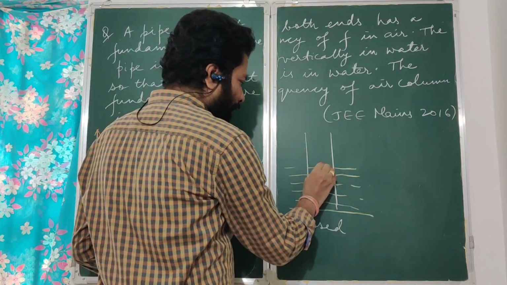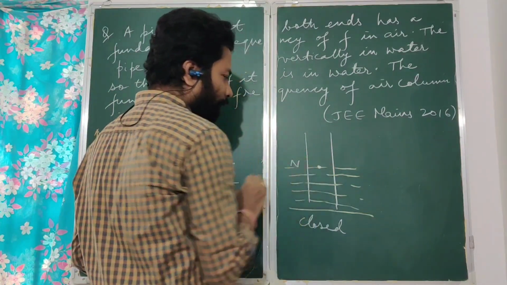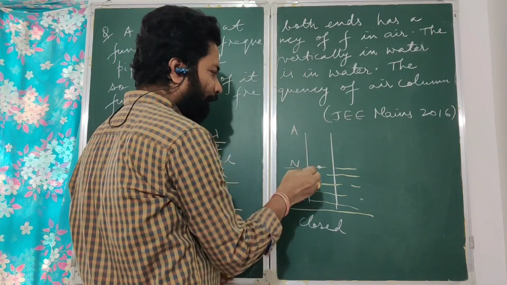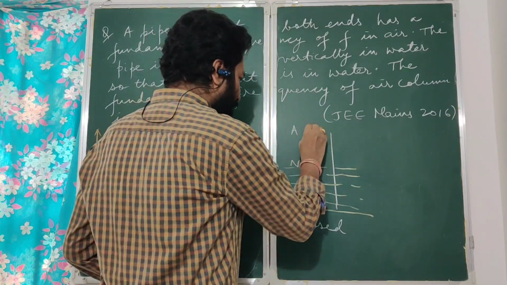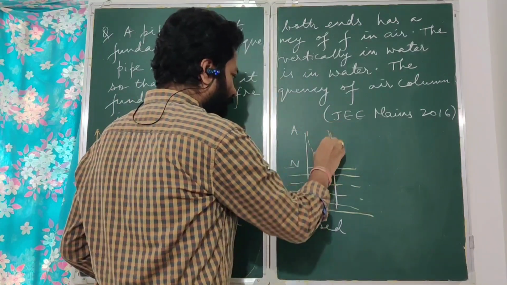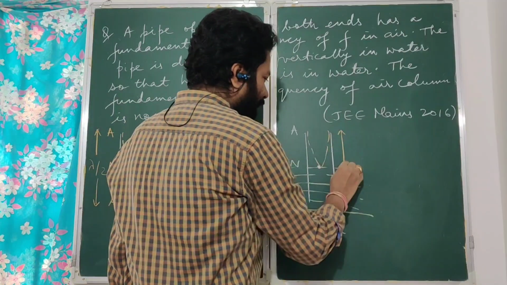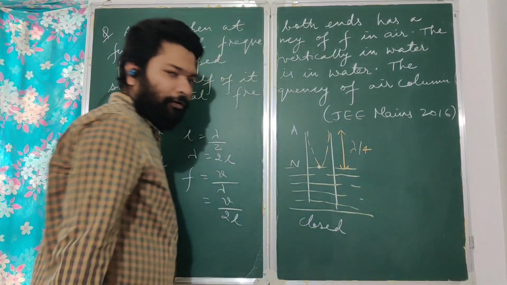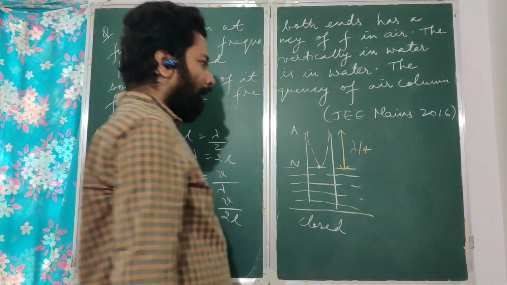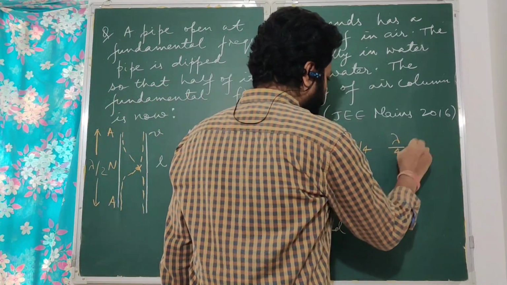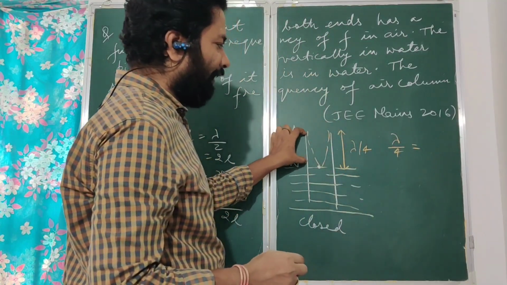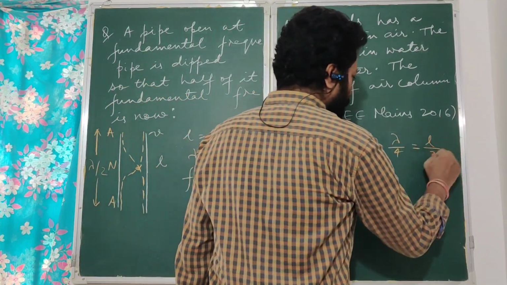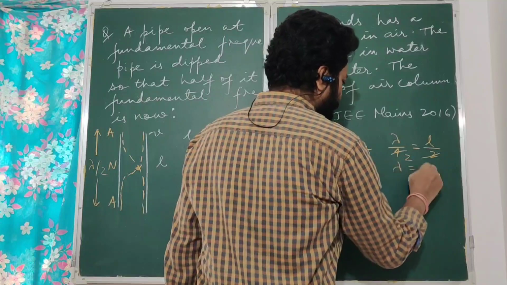So for closed organ pipe, at the closed end a node will get formed, at the open end, antinode. So the way the wave will get formed will be like this. And what is the distance between antinode and node? It is lambda by 4 in fundamental mode. So you can write lambda by 4 is equal to, how much is this length? It is L by 2. So lambda is equal to 2L.